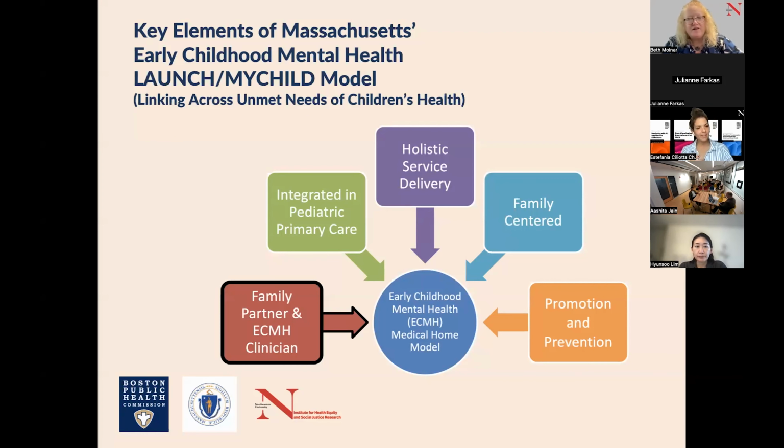So how this started was the Department of Public Health and the Public Health Commission invited us at Northeastern to be the evaluators of what was a new model of taking, in the darker orange box, somebody with lived experience with special healthcare needs or special mental health care needs of their own children, and hiring that person in the role of family partner, which is a type of community health worker, if you've heard that more frequently, with an early childhood mental health clinician.